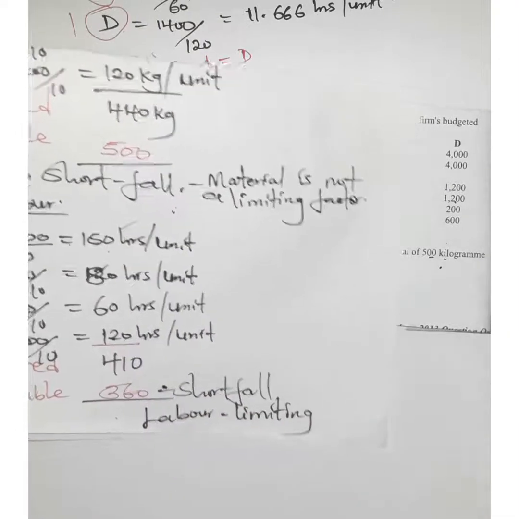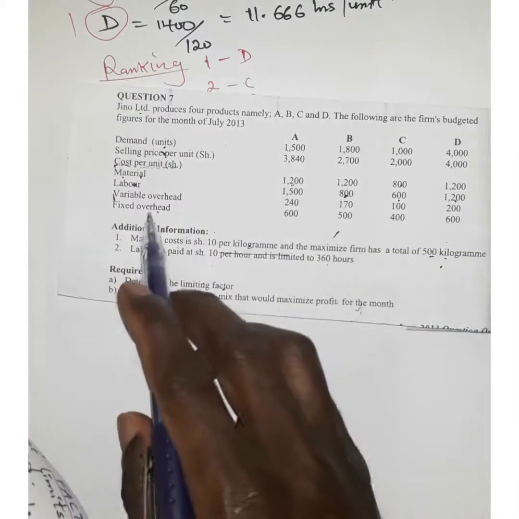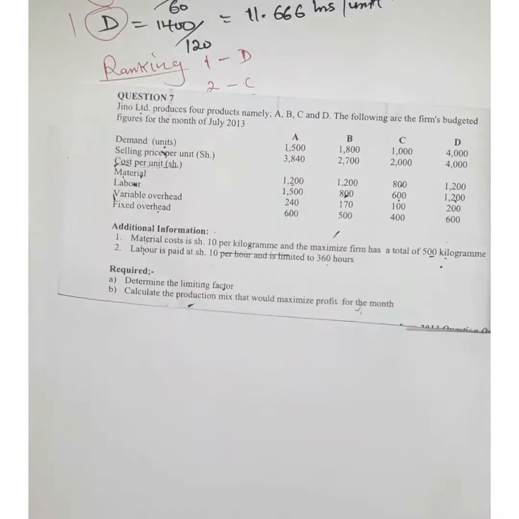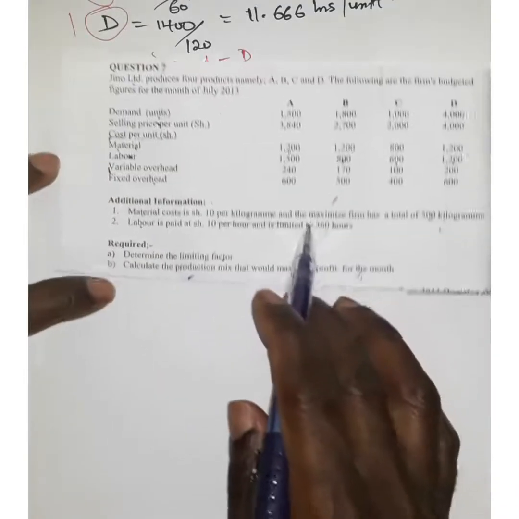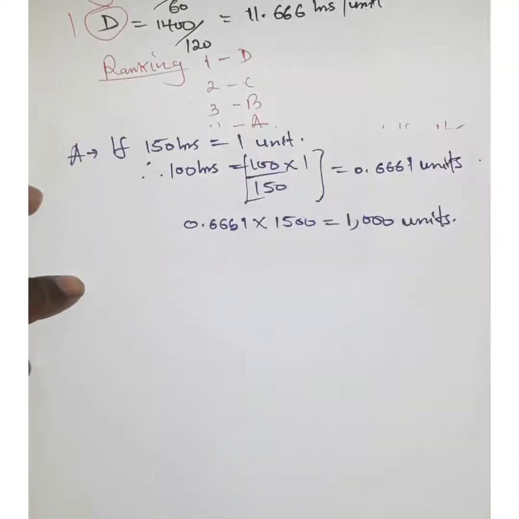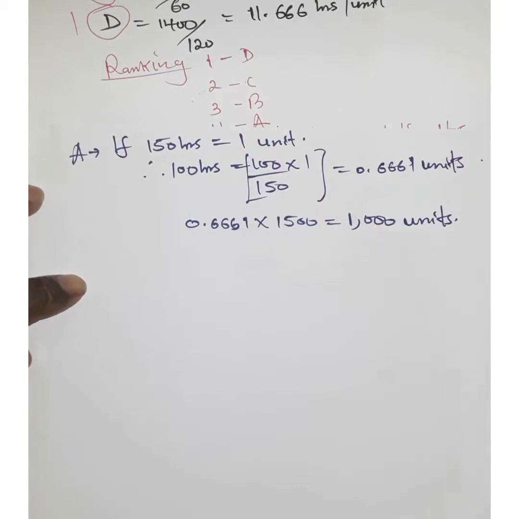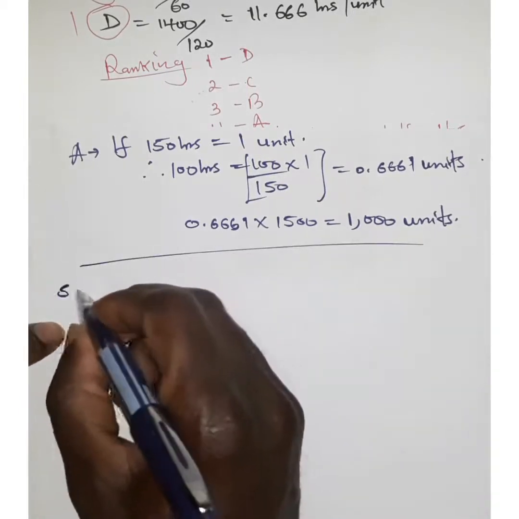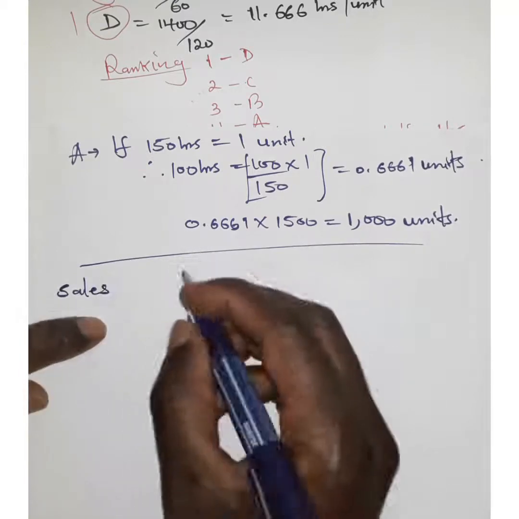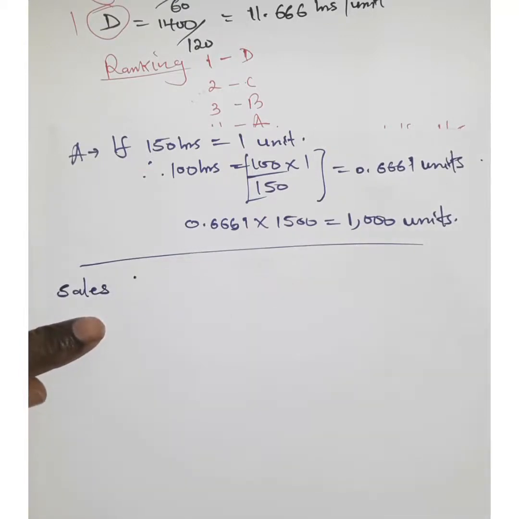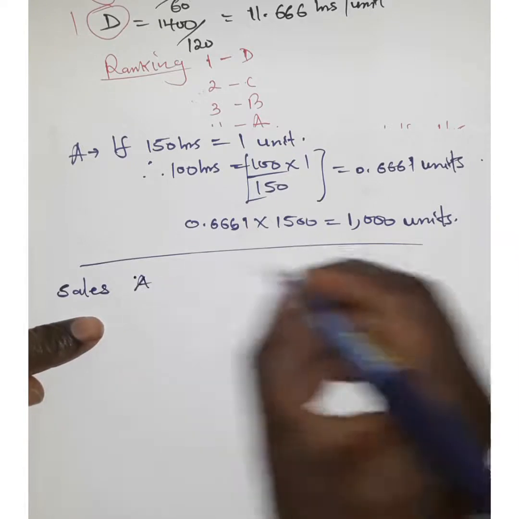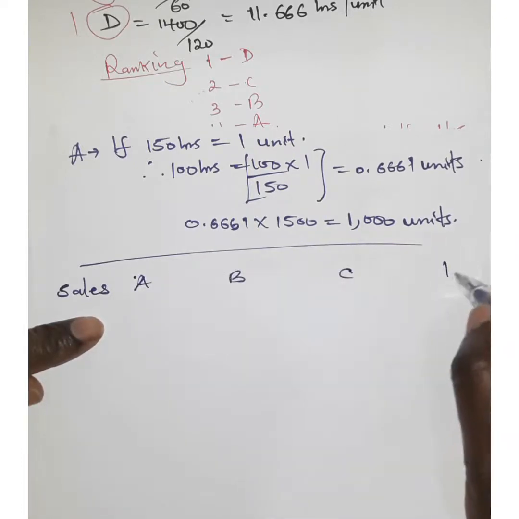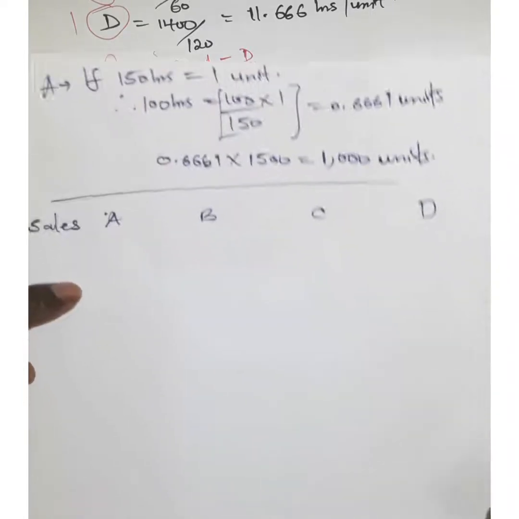Now we shall involve the element of fixed cost, we shall even subtract the fixed cost in this particular scenario. So for the production mix that will maximize the profit, we talk about sales first. We have A, B, C, then finally D.